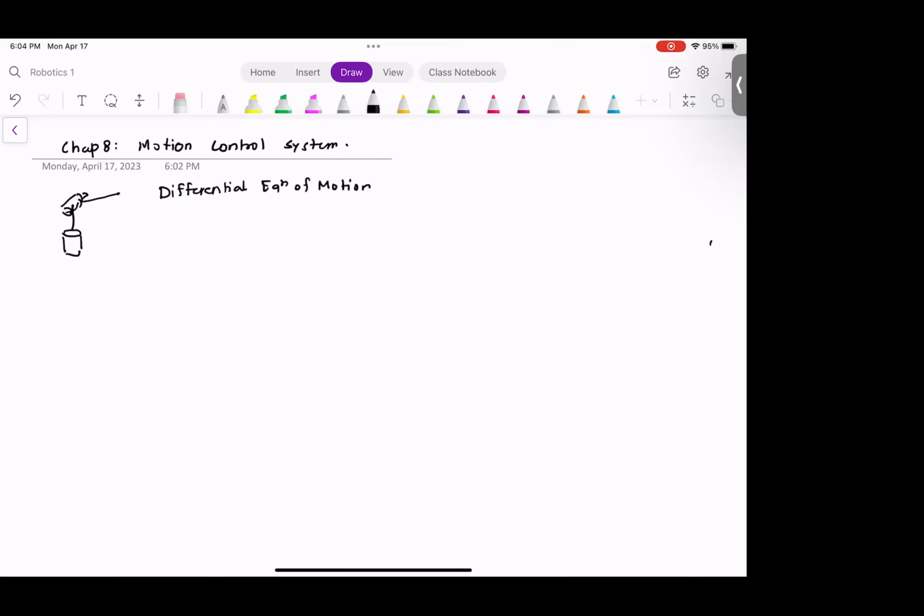And now what we want to do is somehow solve these differential equations of motion.